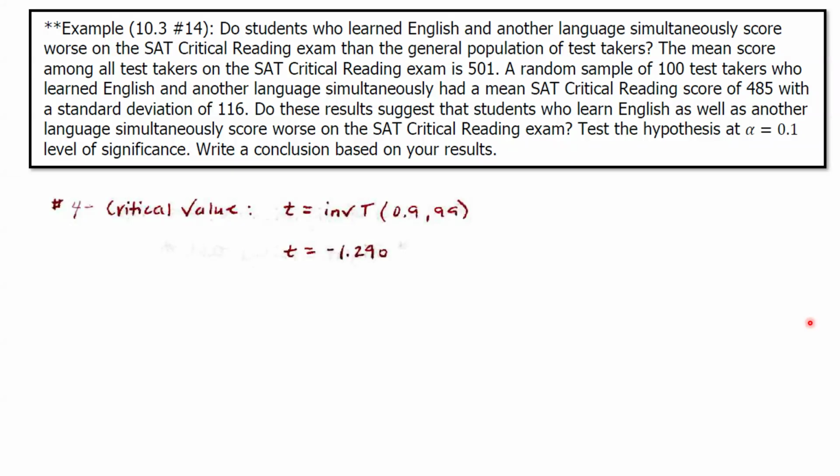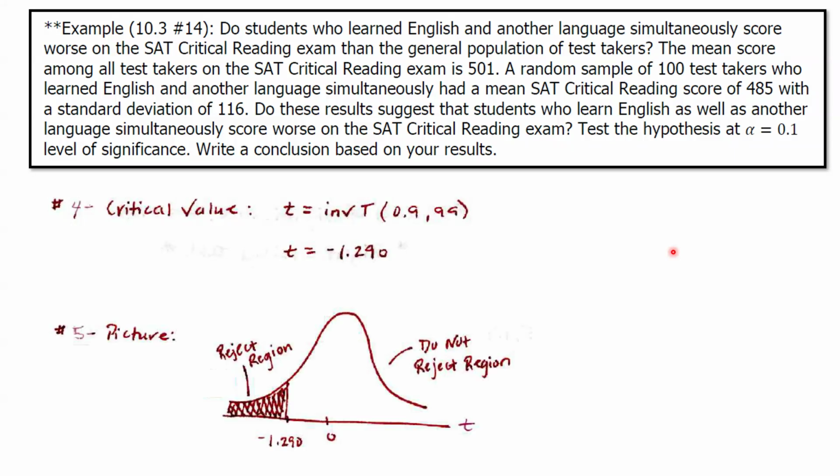So in our calculator, if you're not able to select left, center, and right, you need to enter in the area to the left, which is 0.9. Our degrees of freedom is going to be 1 less than our sample, and our sample was 100. So our DF is going to be 99. So when we plug that in our calculator, we then get a critical value of negative 1.29.